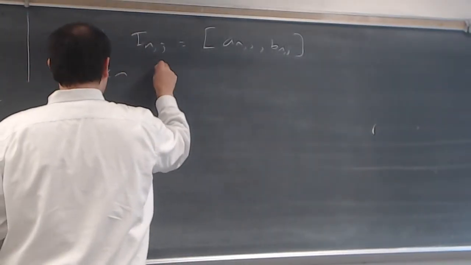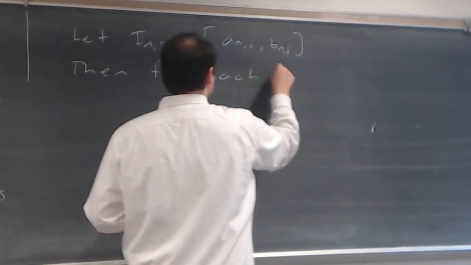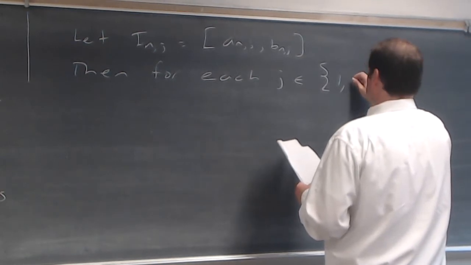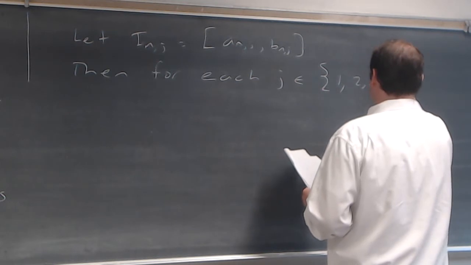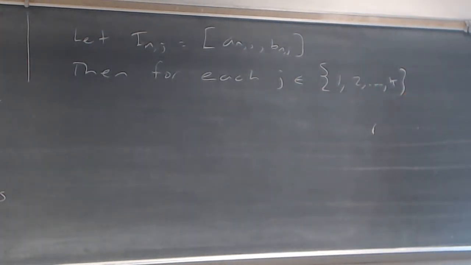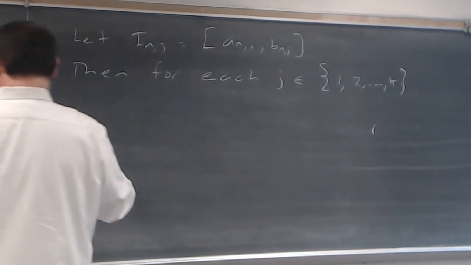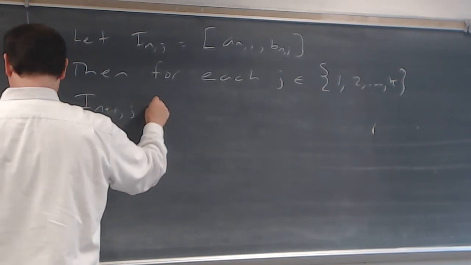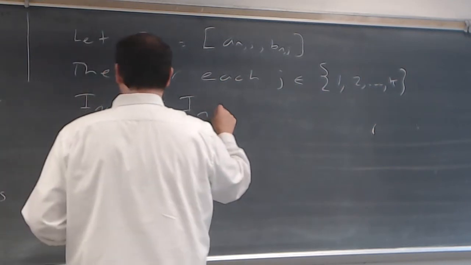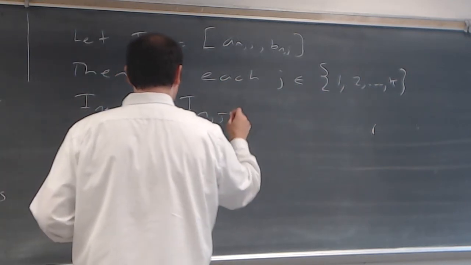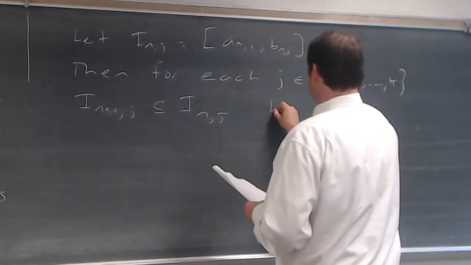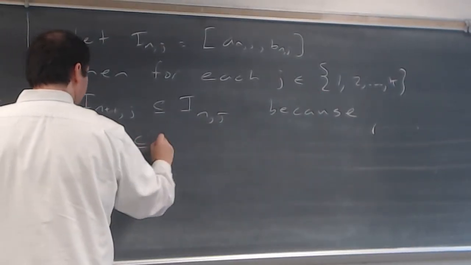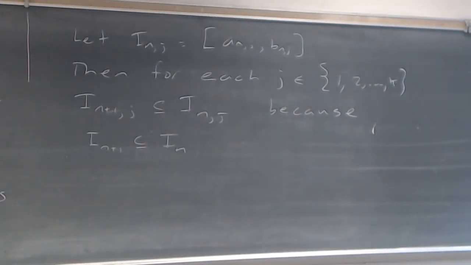We can notice that for each j from 1 up to k, we have that I sub n plus 1,j will be contained in I sub n,j, and that's true because in general we have I sub n plus 1 is contained in I sub n.